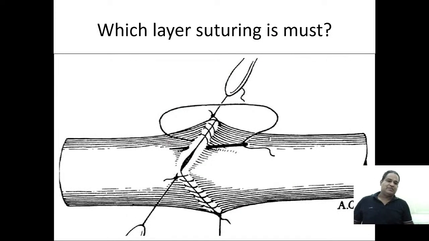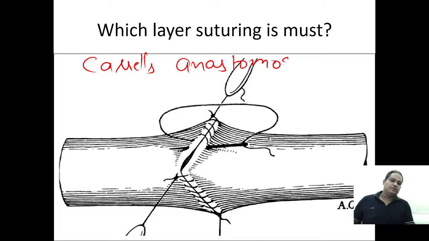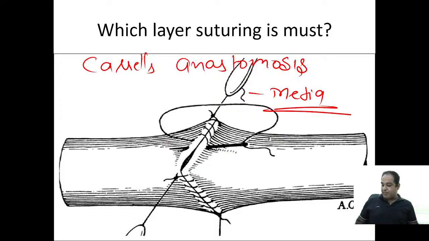What is this? Carrel's anastomosis. So which layer suturing is a must? Tunica media. Carrel anastomosis is for arteries and veins.